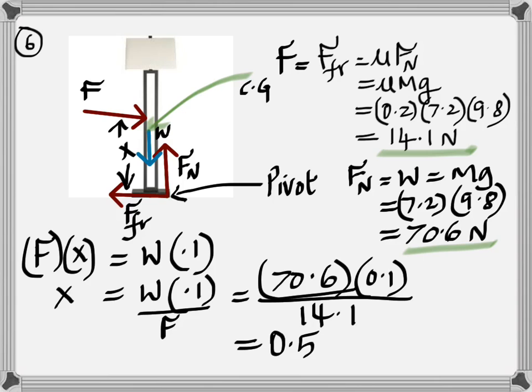And when you do that, you get X as 0.5 meters. You cannot apply that force any more than a height of 0.5 meter.